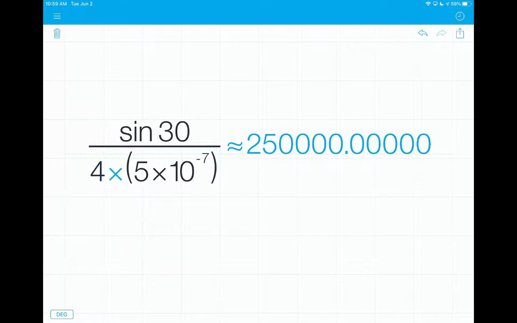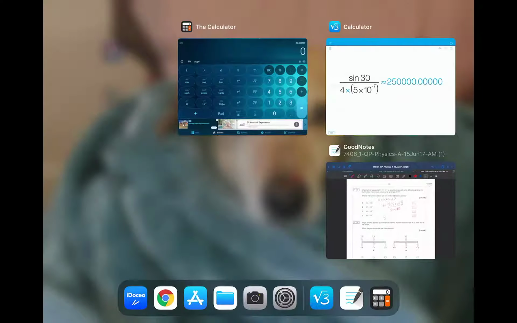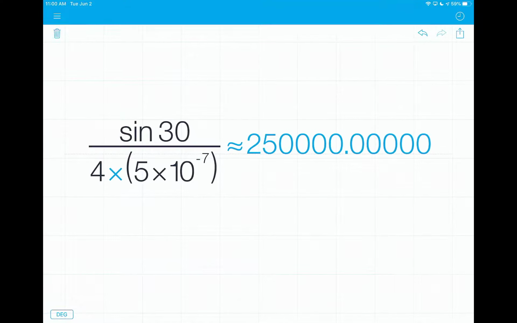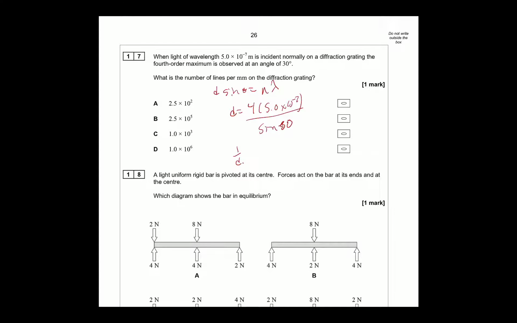That's .5 times 10 to the 5 lines per meter. Divide by 1,000. 10 to the 2 for lines per millimeter. Read the question.